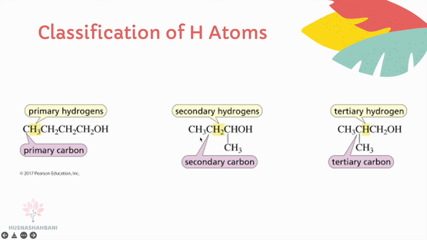So there's 1 carbon attached, and then another 1 carbon attached. So 2 carbons attached on this carbon. If 2 carbons attached, you call this carbon class secondary carbon. And if you have to classify the hydrogen, look at these 2 hydrogens. There's 2 hydrogens attached to the secondary carbon. So you call that hydrogen secondary hydrogen.